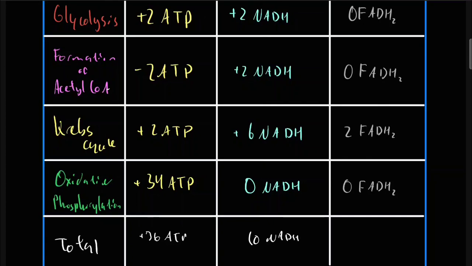And for FADH2, it only occurs in the Krebs cycle, and it happens 2 times, so that means 2 FADH2s are made. Now, each NADH is used to create 3 ATP molecules, while each FADH2 is used to create only 2 ATP molecules. So that is the summary of cellular respiration in under 10 minutes.